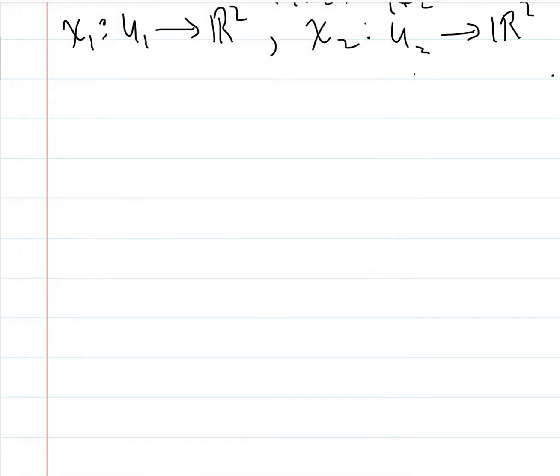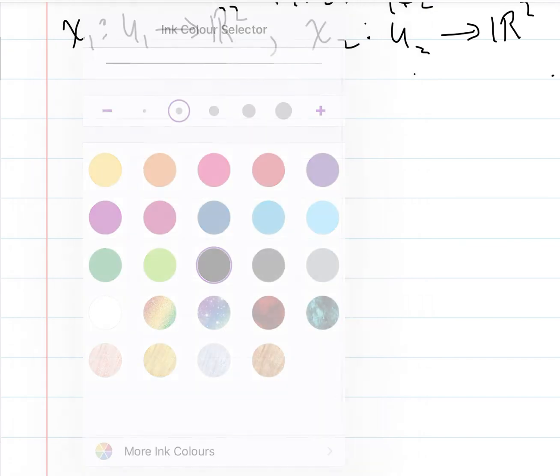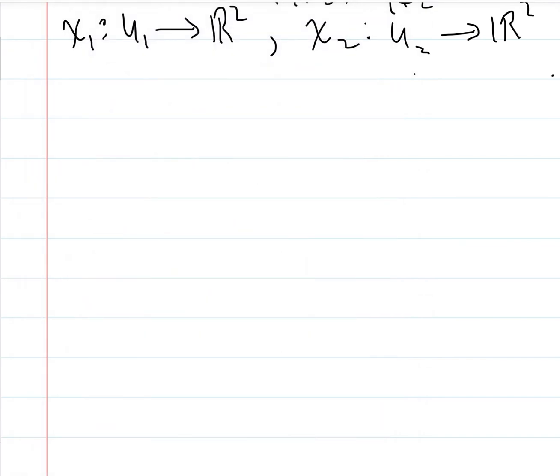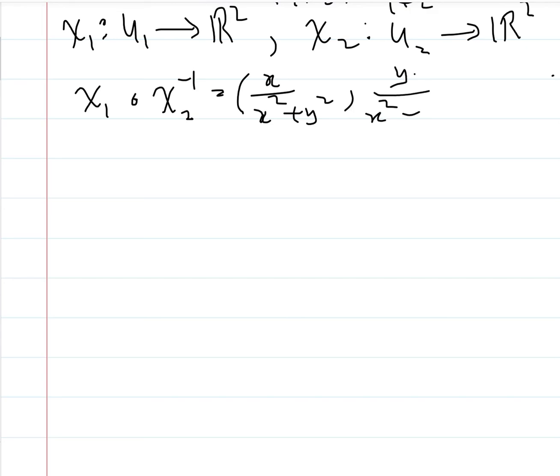And just for completion, we can show very easily that chi2 inverse composed with chi1 is in fact equal to x over x squared plus y squared, y over x squared plus y squared.